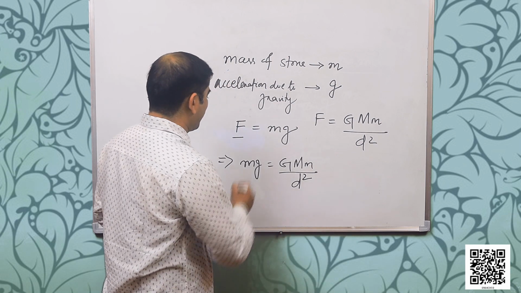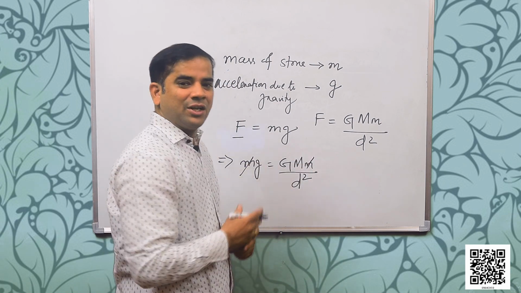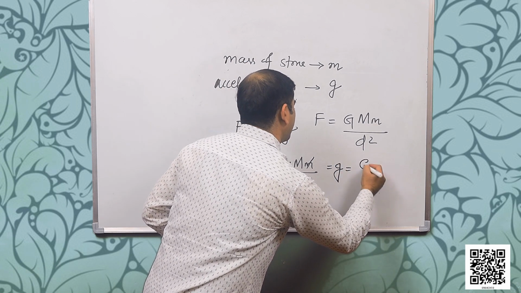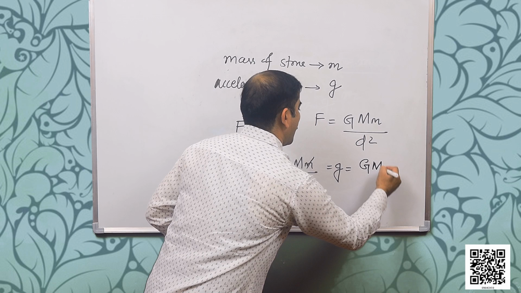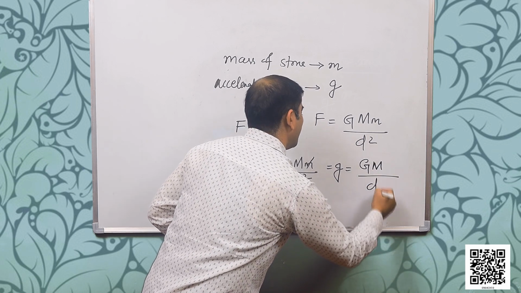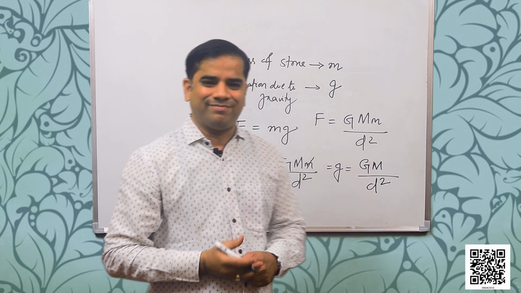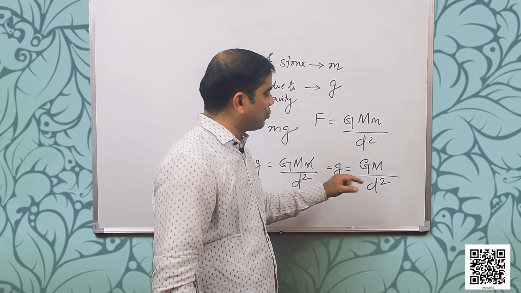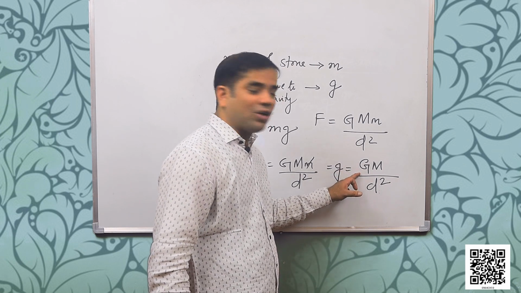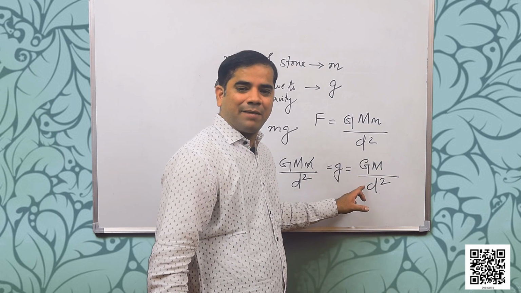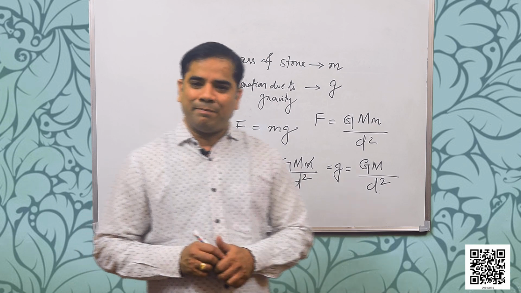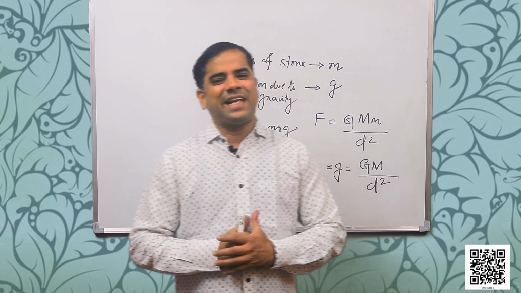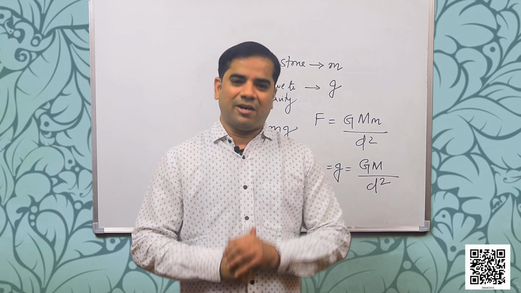So, I can now cancel out both the m. That means acceleration due to gravity is equal to the product of gravitational constant and mass divided by d square, where mass m is the mass of the earth and d is the distance between the object and the earth.